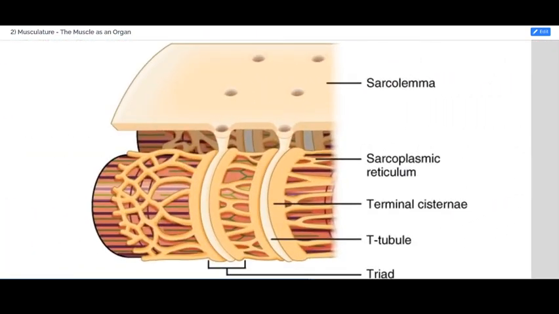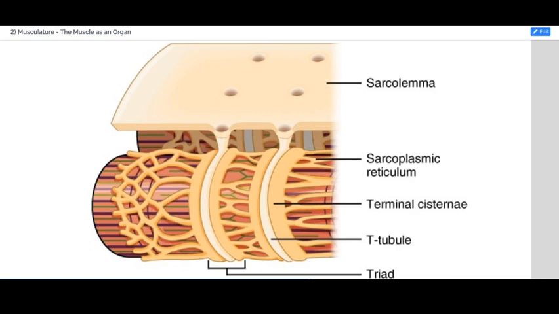This figure shows a little bit more detail around the myofibril, especially of the sarcoplasmic reticulum, and a couple of other features that are important to point out. Now, the sarcoplasmic reticulum wraps around the entire myofibril, and every so often it comes to meet up with what's called a T-tubule, which is really just an extension of the cell membrane, the sarcolemma, as represented in this picture.